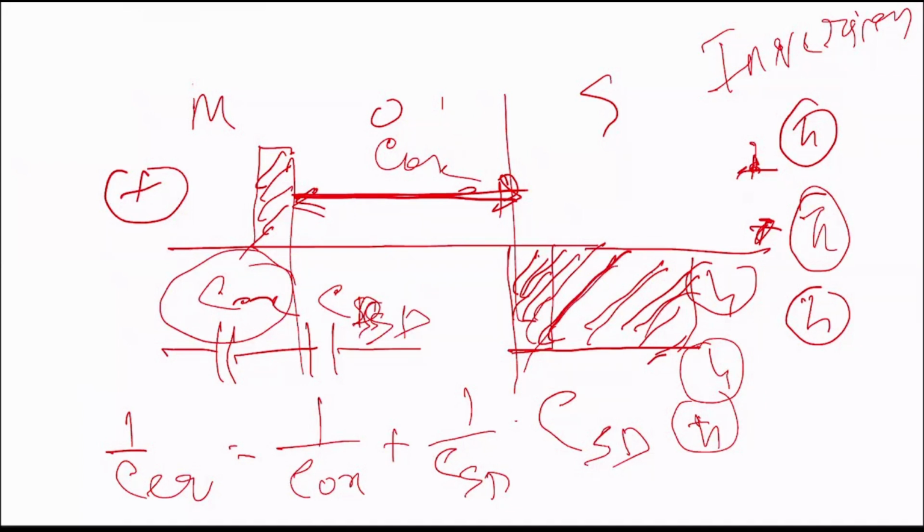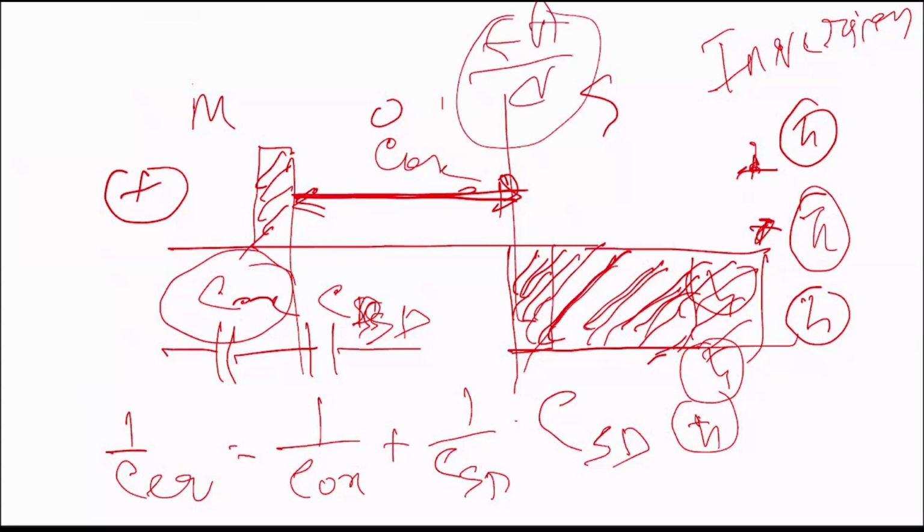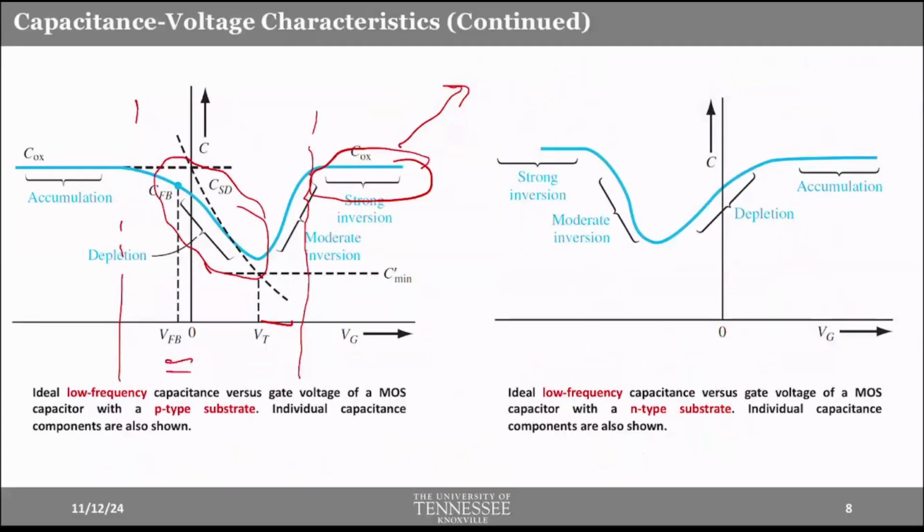And I have already told you the CSD is decreasing because of the epsilon A by D effect. So the overall capacitance is decreasing in this region. So we are so far clear about three things: why the capacitance is constant in the accumulation region, why it is constant in the strong inversion region, and why it decreases in the depletion region.